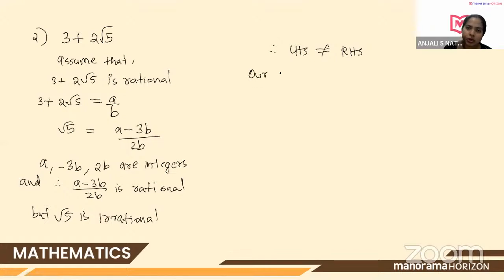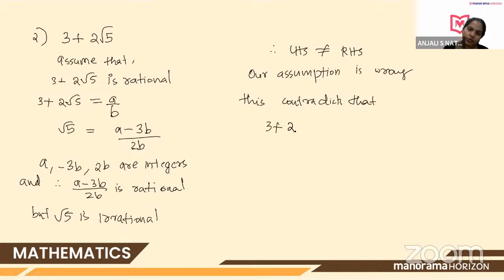Our assumption is wrong, and this contradicts the assumption. So 3 plus 2 root 5 is irrational.